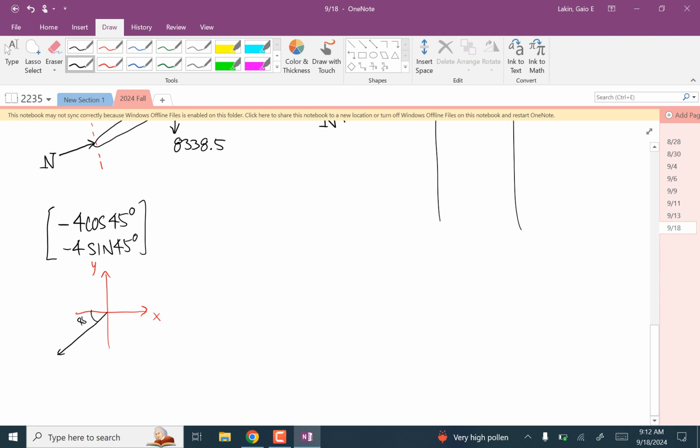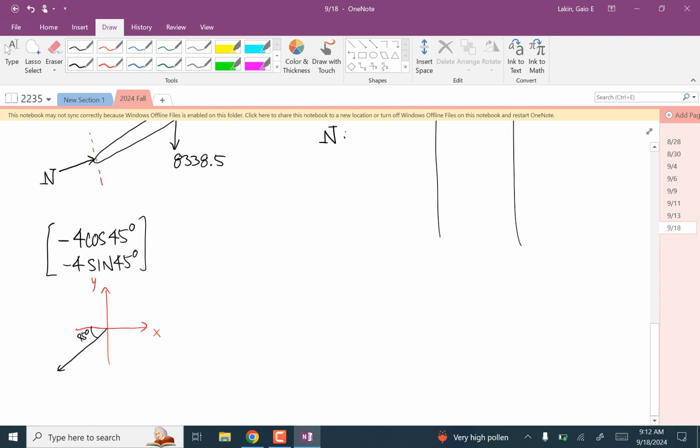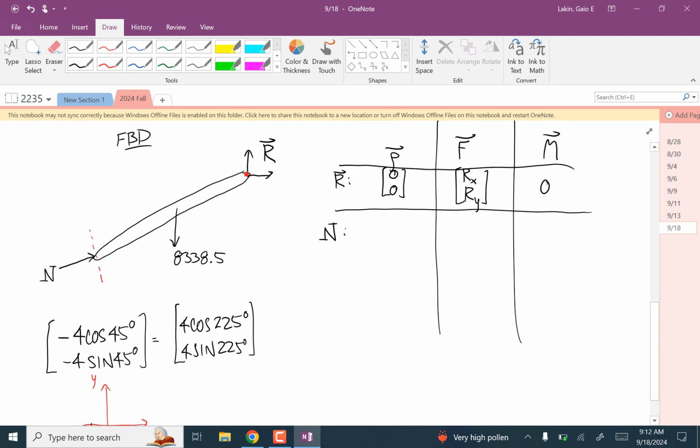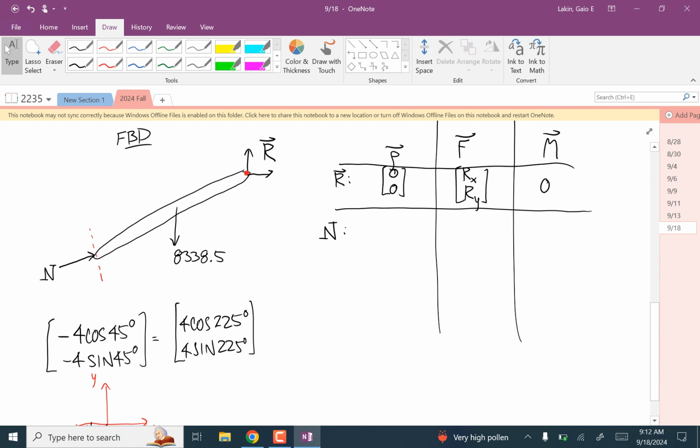This is 45 degrees. So from the positive x-axis, that's 90, 180, 225. So you could do this as 4 times cosine of 225, 4 times sine of 225. Either way, what you get is negative 2.818, negative 2.818.